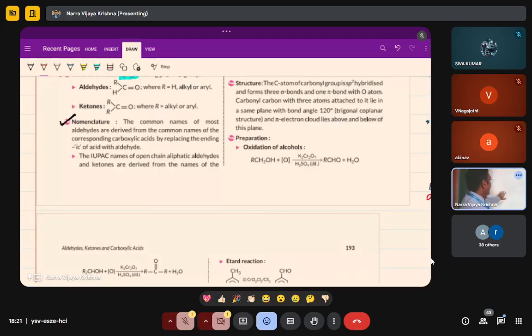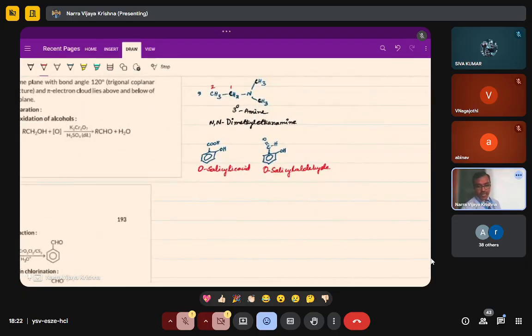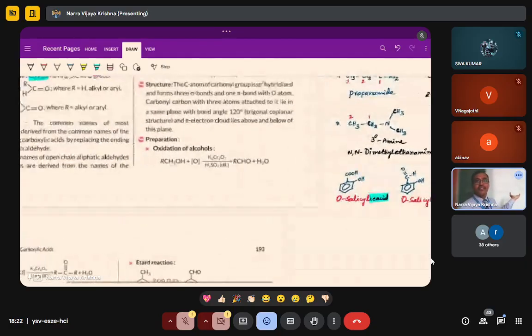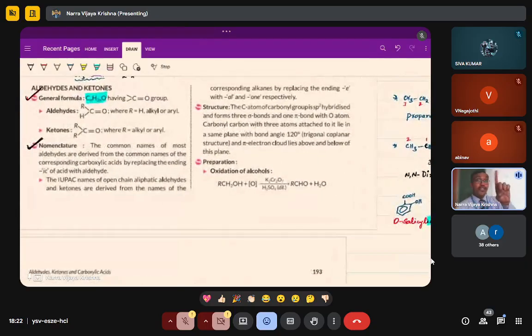By replacing ic acid with the word aldehyde, salicylic acid becomes salicylaldehyde. That's what they are saying. That too only in common names, not in IUPAC names. No questions in that?